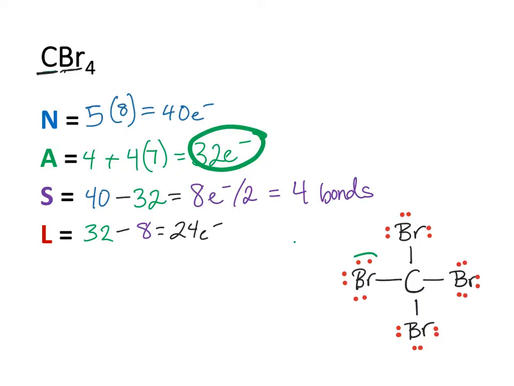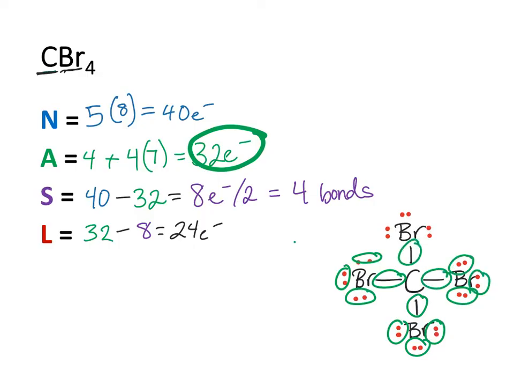So this is 2, 4, 6, 8, 10, 12, 14, 16, 18, 20, 22, 24, 26, 28, 30, and 32. So that works out.